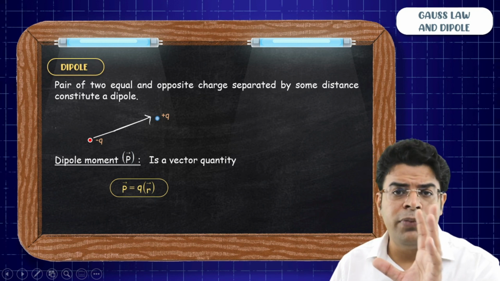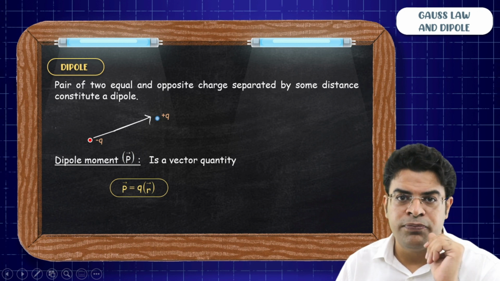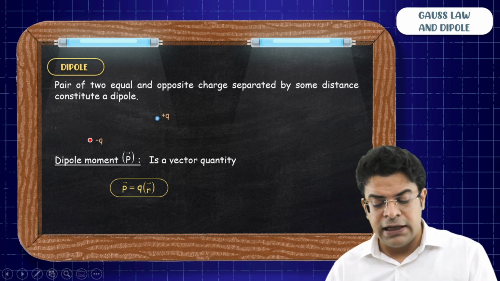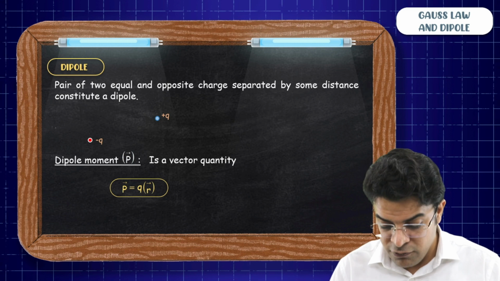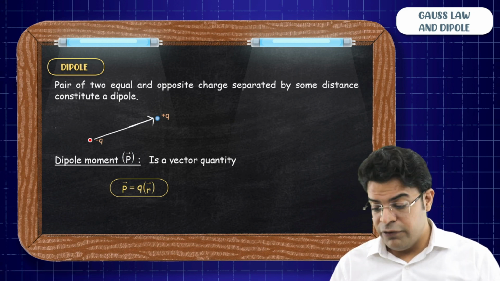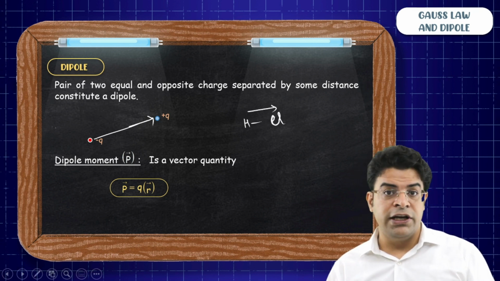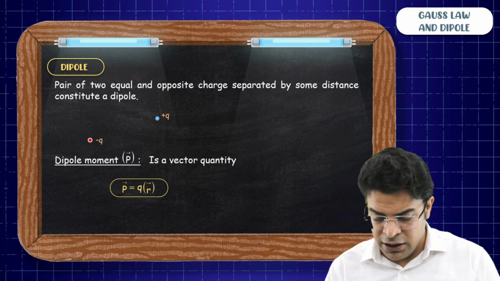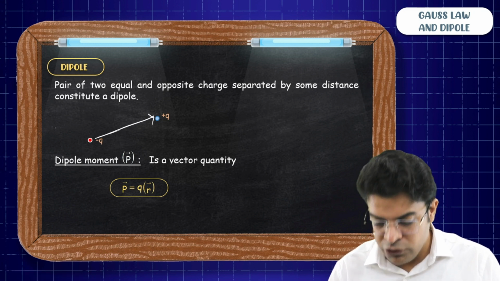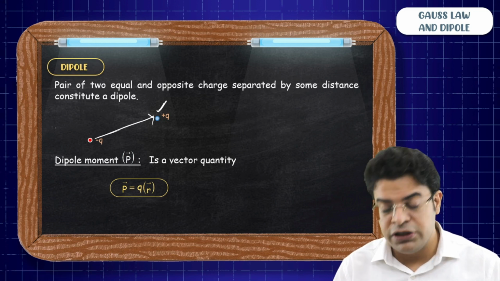Here again, between physics and chemistry, there is a problem in the sign convention. In physics, we take the direction of dipole moment from negative charge towards positive charge, and in chemistry, from positive charge towards negative charge. But here we are talking about physics. So just remember that a physicist moves towards positivity in life.